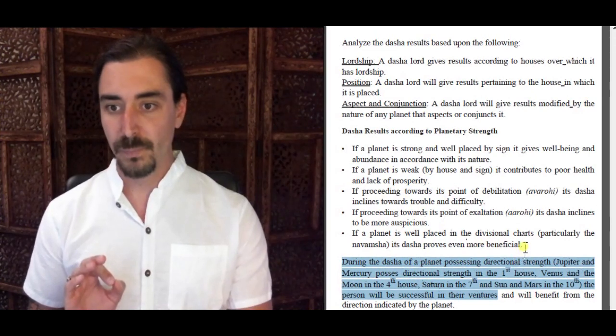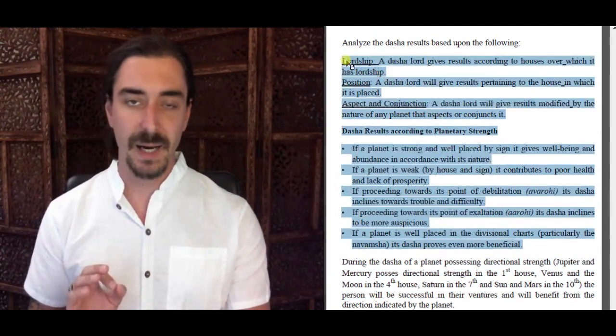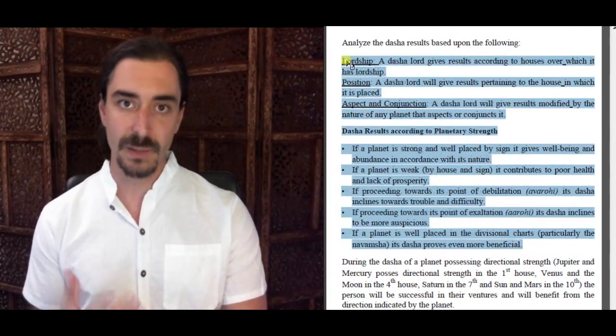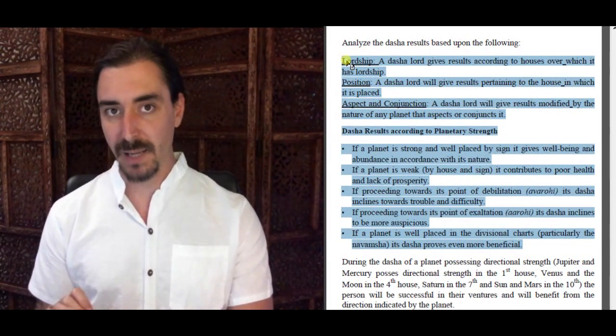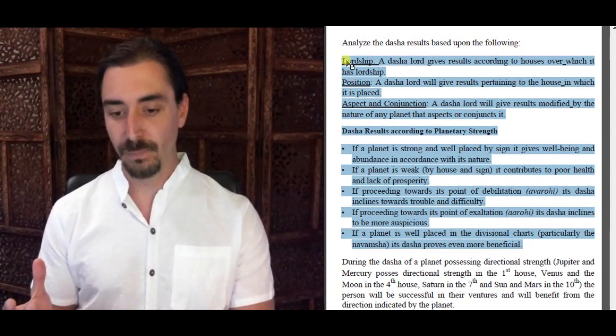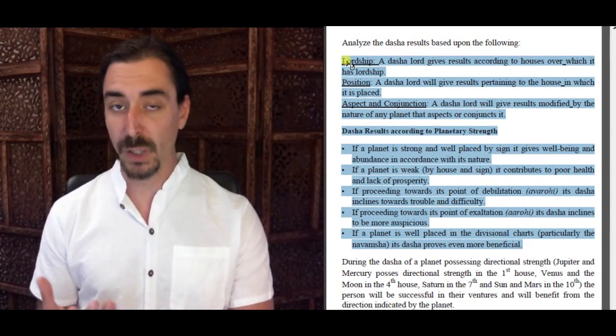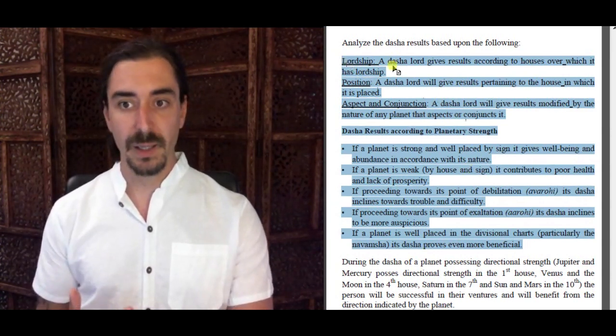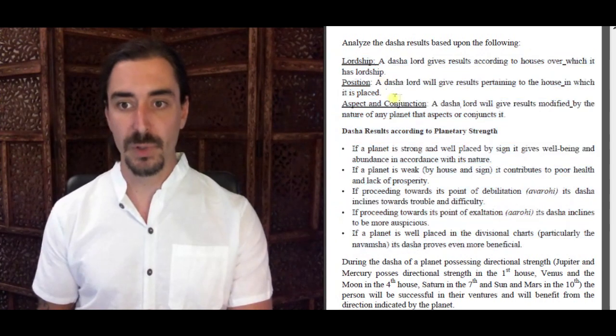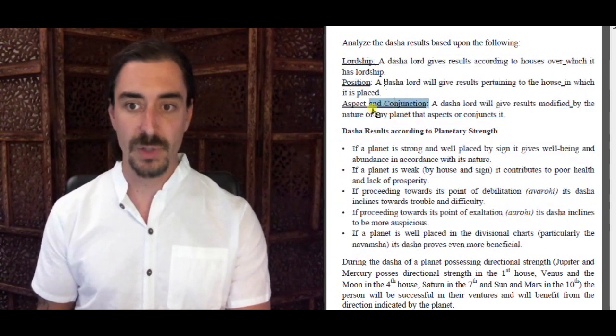So consider these principles. I'd highly recommend that you go back, re-listen to this video and write down notes, because when you write these things down, it gets into your consciousness, and you're more likely to remember these things when you are looking at a chart. Then when you're considering a dasha, you can ask yourself: what does the planet rule over? What is its position? What are the aspects and conjunctions?